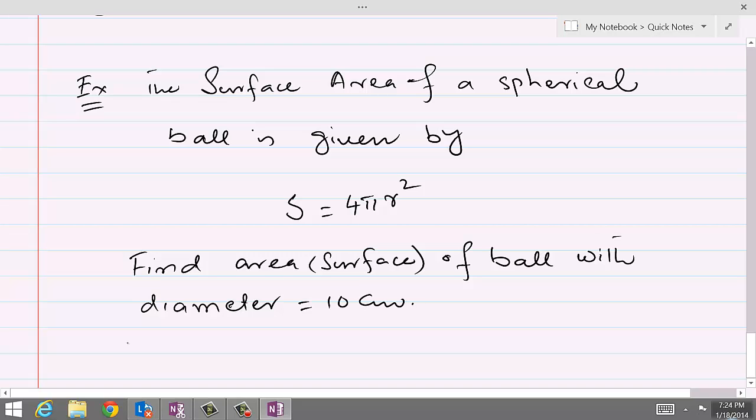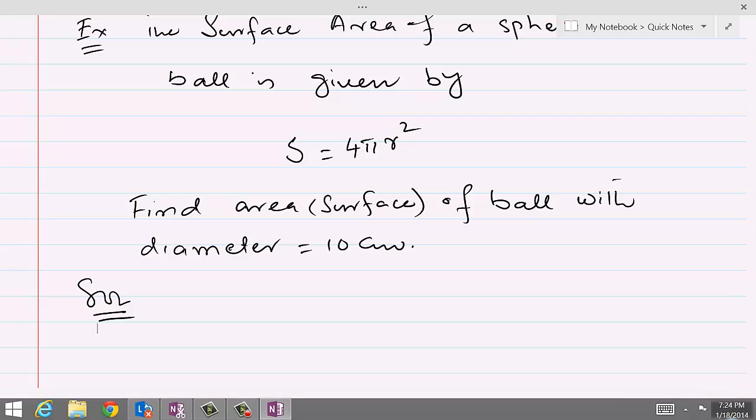Now here we are given, and like I said already, that whenever you have a mathematical problem, you should know what we are told, or what we are given, and what is that we are required to answer. Here we know that the ball has a diameter of 10 centimeter.